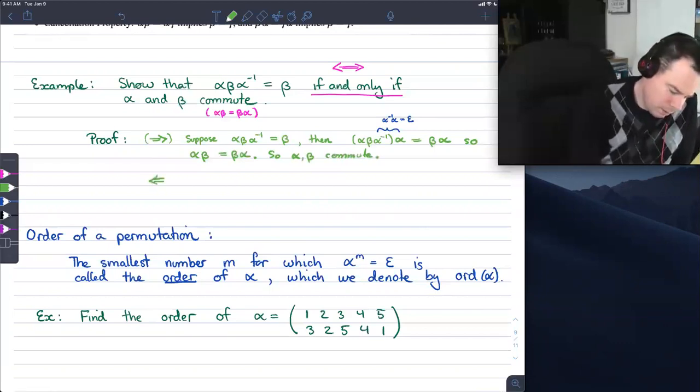On the other hand, suppose alpha beta commute, then what we have is that alpha beta is equal to beta alpha. And from that, I can multiply by alpha inverse to both sides.